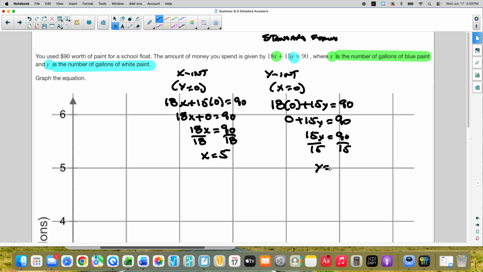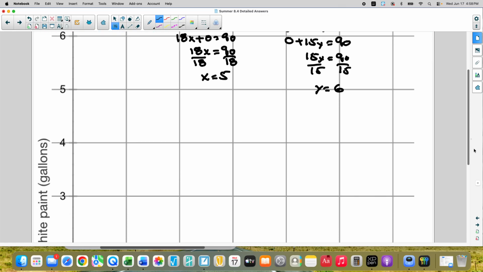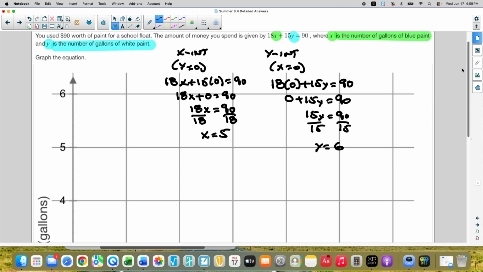And we get y equals 6. So this is 0, 6. So 0 gallons of blue paint and 6 gallons of white paint. So remember, we're still in blue, white.